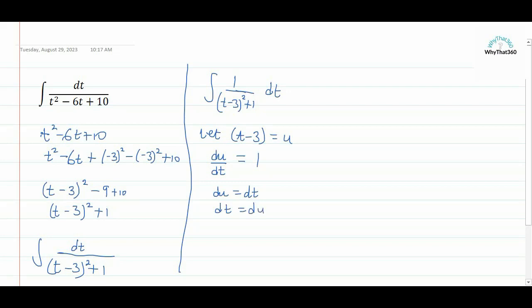We go to the expression up here and do our substitutions, which will be the integral of 1 out of t minus 3, which we said is equal to u, so that will be u squared plus 1. And since dt is equal to du, instead of dt we will have du.